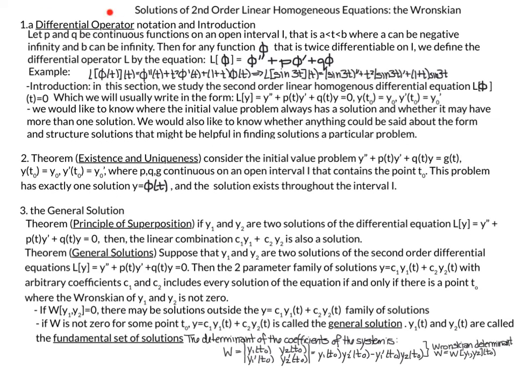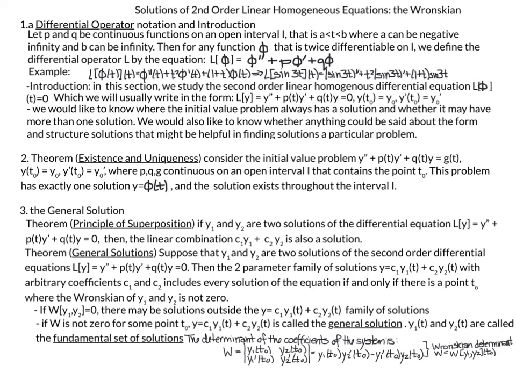First, we looked at the differential operator, which we designated with L. It takes a function phi and produces another function. In our example, L is equal to phi double prime plus t squared phi prime of t plus 1 plus t phi of t.